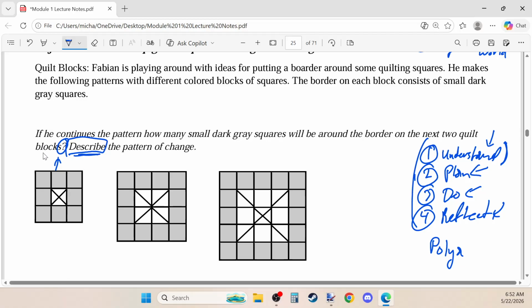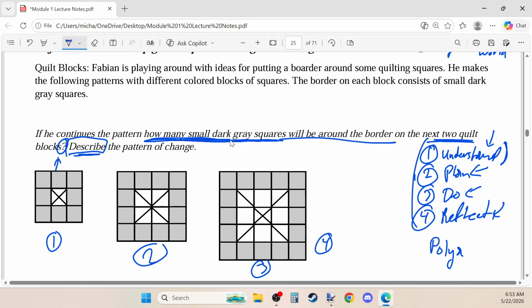So if he continues the pattern, how many small dark gray squares? We have to figure out how many of these squares there are around the border on the next two quilt blocks. So we have a first block, a second block, a third block. We need to figure out how many small dark gray squares are on block 4 and block 5. Okay, that's what the question asks.